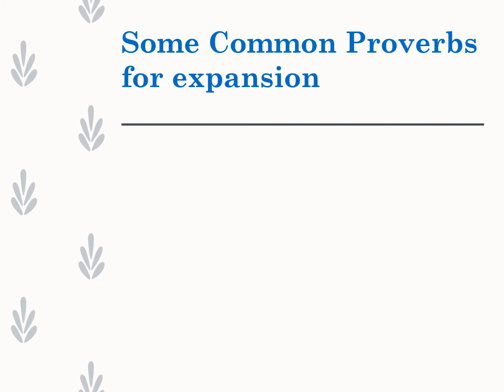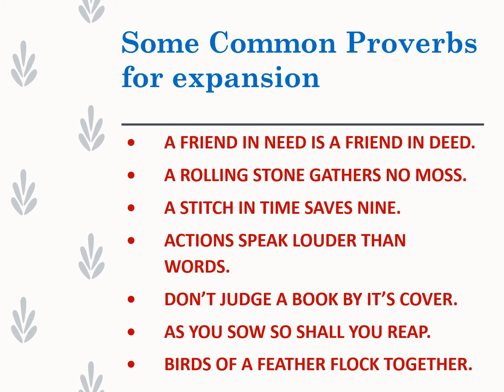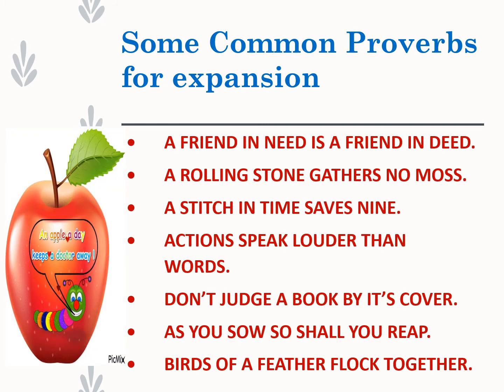Some common proverbs for expansion are the following, and another one, an apple a day keeps the doctor away. Okay, some of them you have heard, some you haven't heard. For example, a rolling stone gathers no moss.